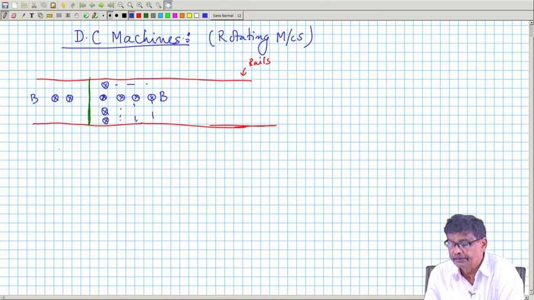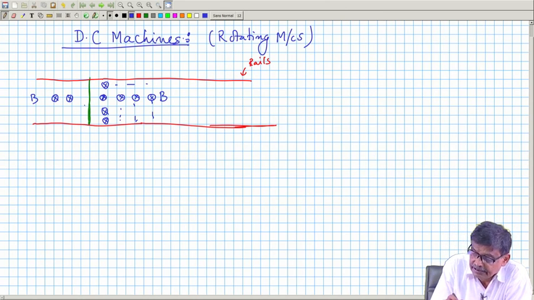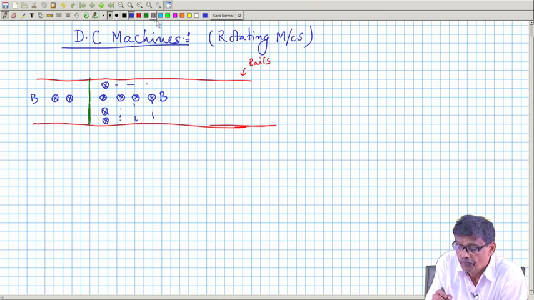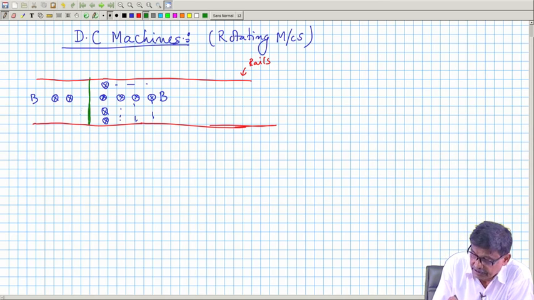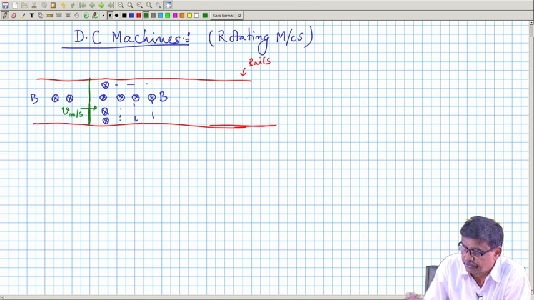Now, let us imagine that this conductor is moving with a velocity, say v meter per second, from left to right.